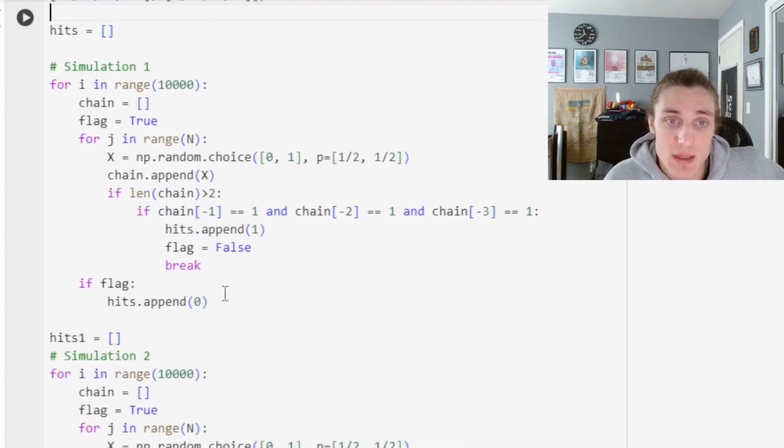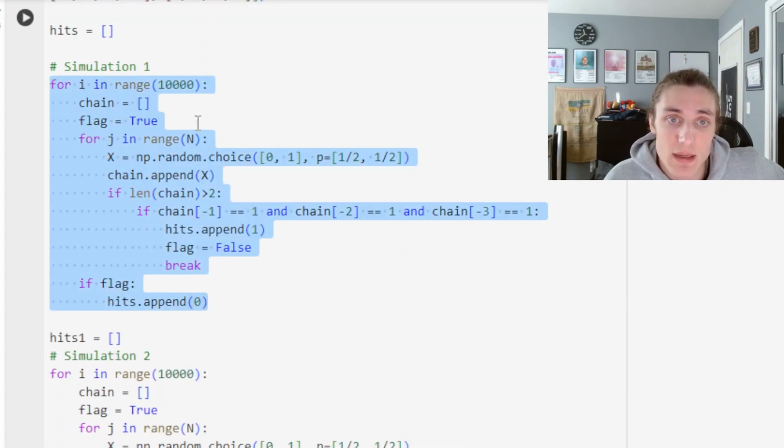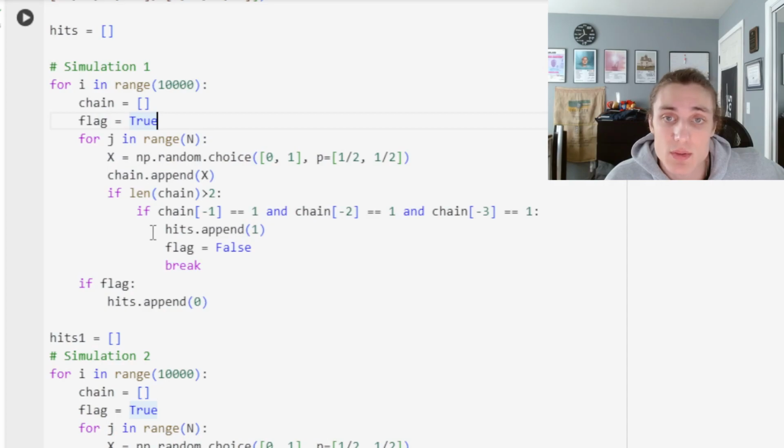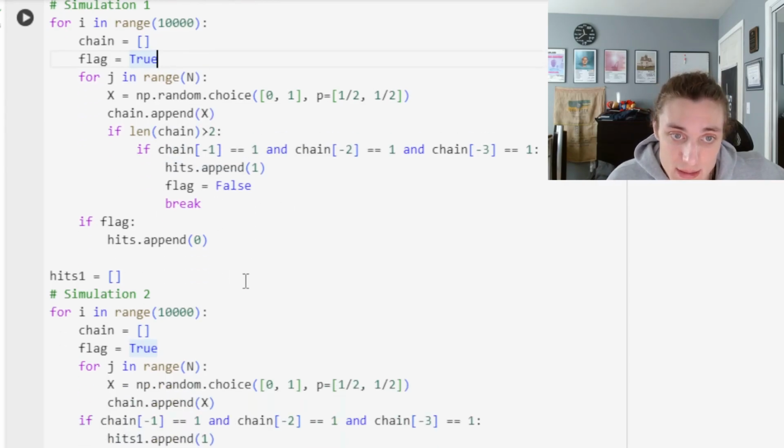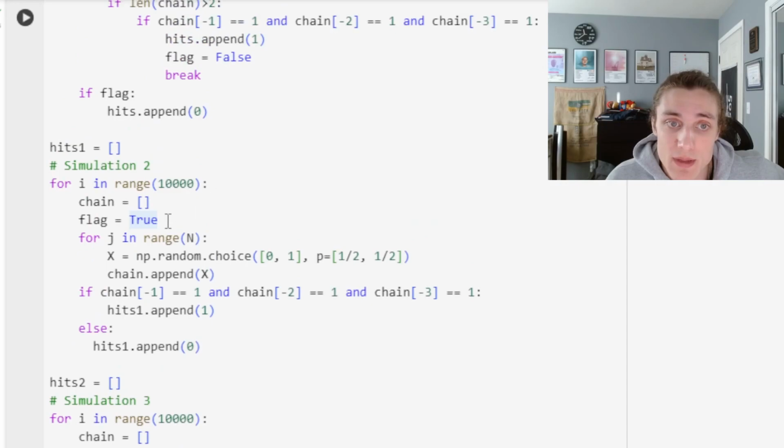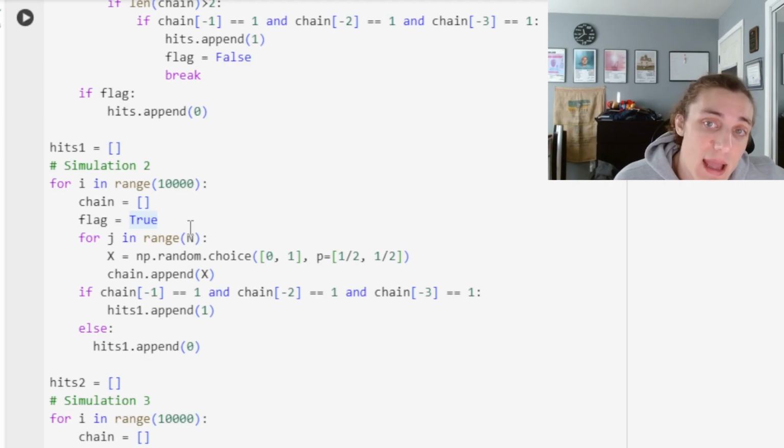This first simulation is simulating coin tosses, and it's going to append an indicator variable to determine whether or not we ever see a chain of 3 heads. The second simulation is going to do something similar, but for question 2. Essentially it's going to say, did we hit a chain of 3 heads at the end of the coin tosses?